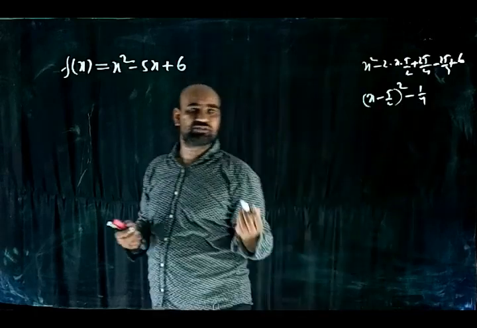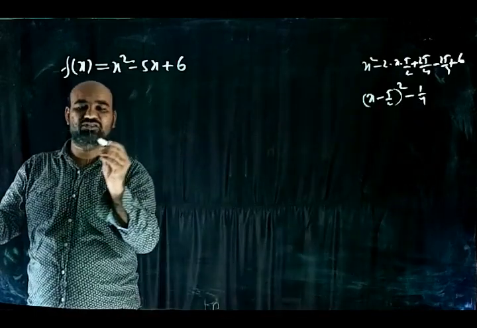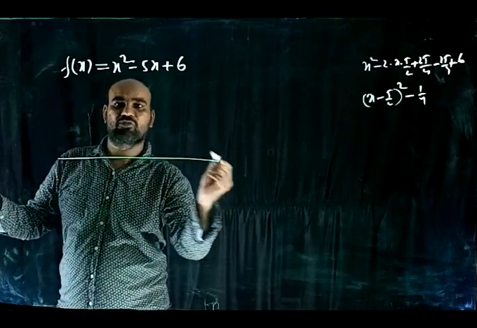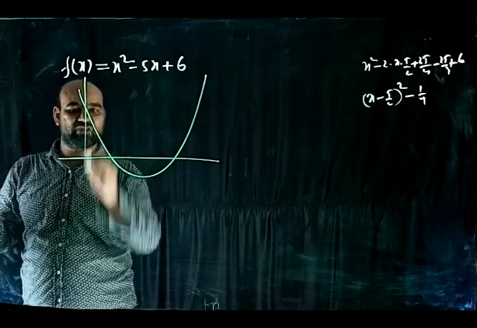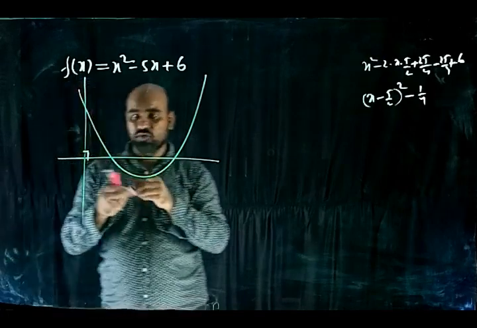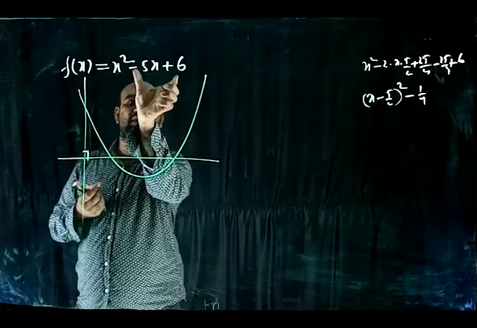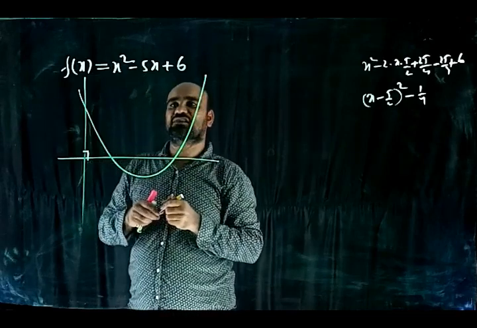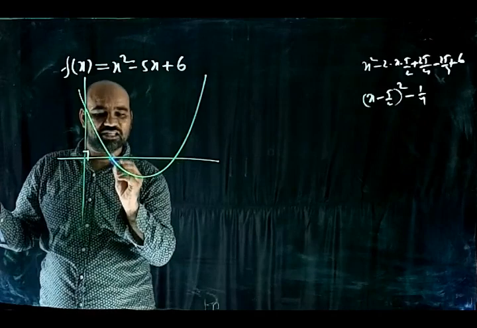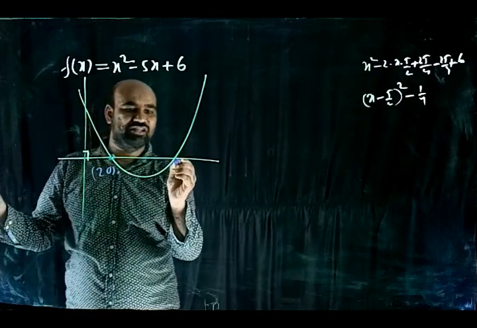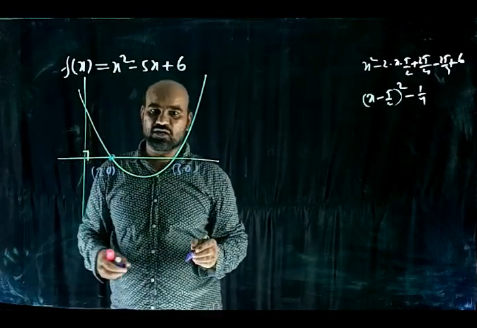So by using that, we can draw the graph of this function. Parabolic. So this is the y-axis. The zeros of this polynomial are 2 and 3. Means y equal to x square minus 5x plus 6 intersects the x-axis at the points 2, 0 and 3, 0 only. Understood?